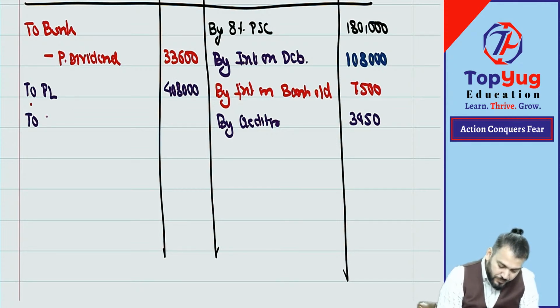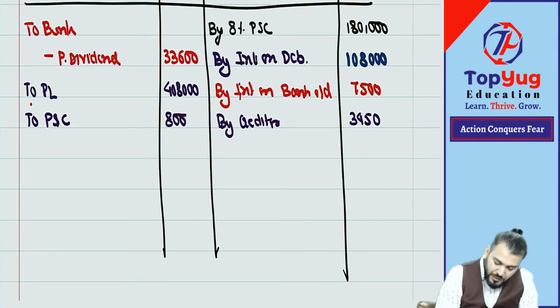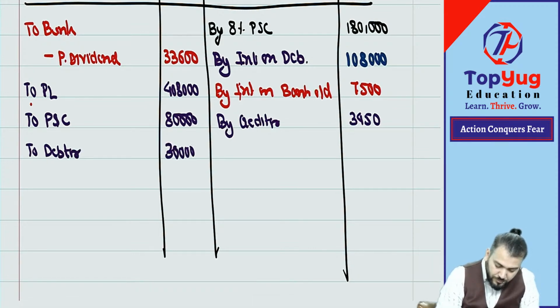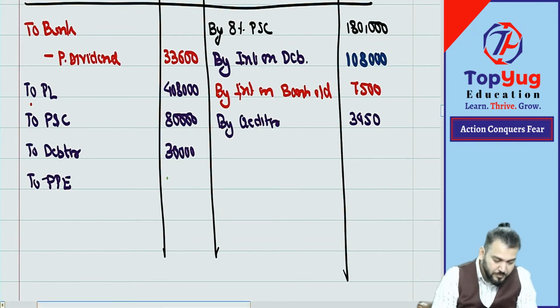Then to patent and copyright 80,000. Then to debtor. Then to property, plant and equipment 34,000.